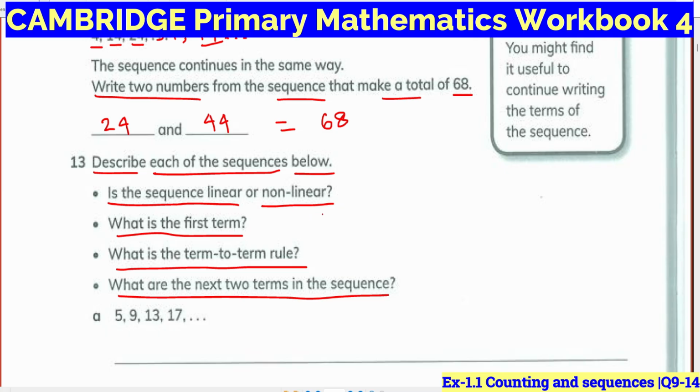Linear, what is the difference? Linear means the difference will be constant, right? It's a similar process, like suppose 2, 4, 6, 8. It means constantly adding 2.